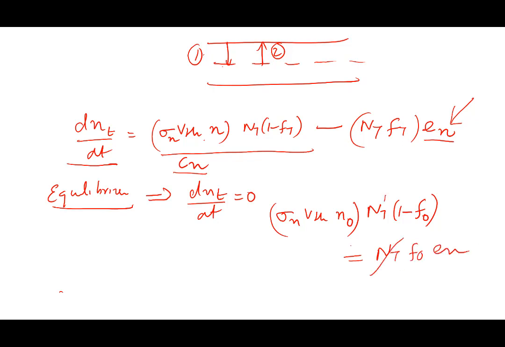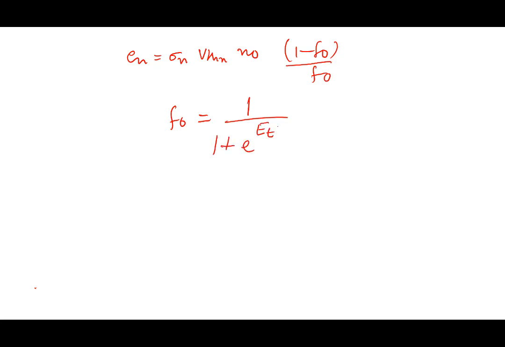So nt cancels. And then we need to write down what is f0 here. So we can write this as En equal to sigma n, VTH n, n0, 1 minus f0 by f0. That's the emission rate.